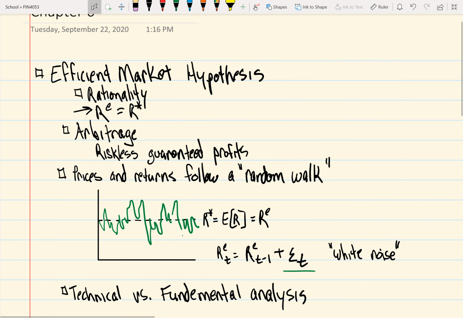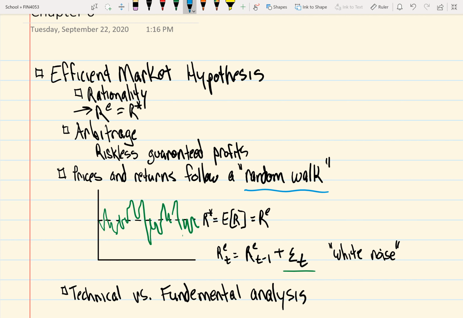Some of the evidence, or actually let me get to, they talk about random walk. If the market is efficient, if the efficient market hypothesis holds, then prices, and following prices, of course, returns should be completely unpredictable, or they should follow what it calls a random walk.